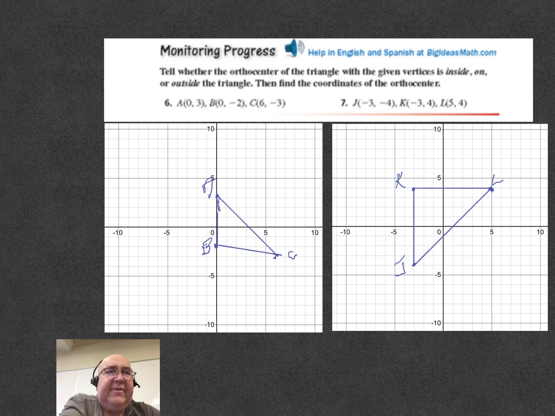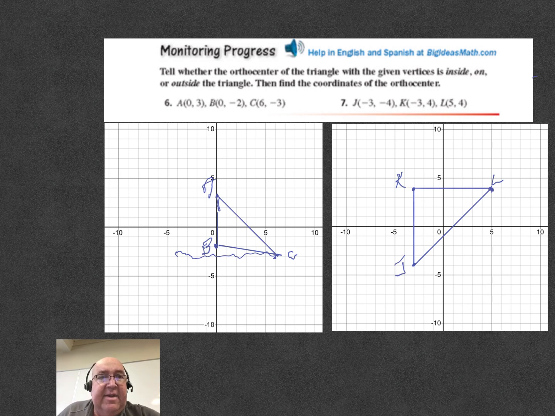Okay, first off, for the triangle on the left, we can see the orthocenter is going to be outside of the triangle. I know that the line that's going to go through this point is y equals -3, because that will be perpendicular to x equals 0.